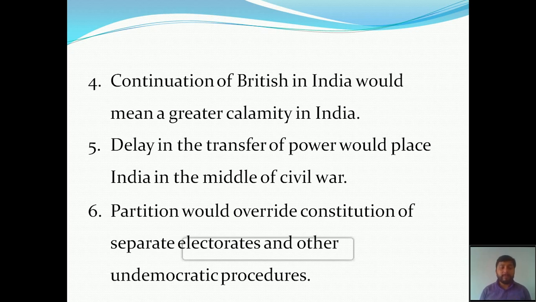That's what is meant by partition would override separate electorates and other undemocratic procedures, because according to democratic procedures, people have the freedom to make their own choices, or they have the right to choose their interest.